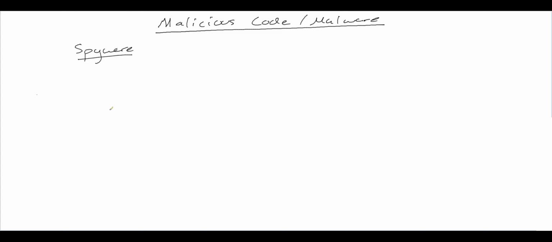Okay, so let's now take a look at spyware. So spyware is a form of malware which is used to collect personal information from a user's computer without their knowledge. So spyware is often installed on computers by, again, deceiving the user using some social engineering techniques, and it can also be bundled alongside legitimate software either by third parties or by the developers of legitimate software to gather additional data about their users.